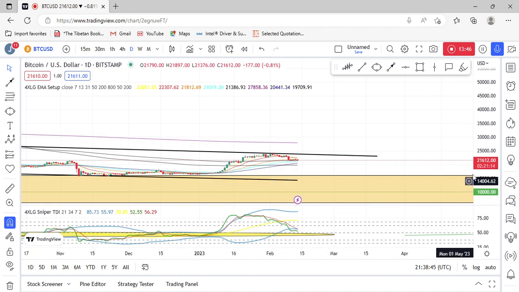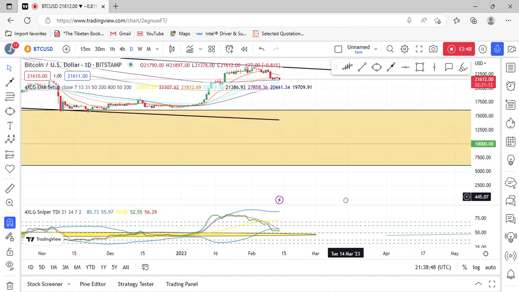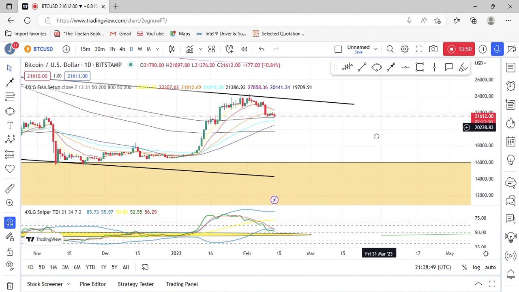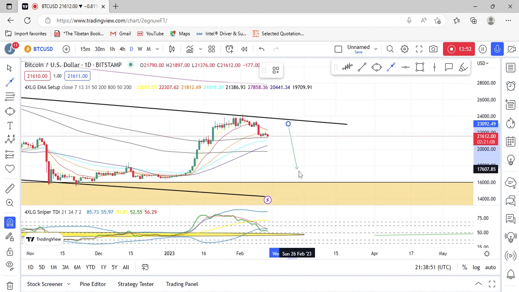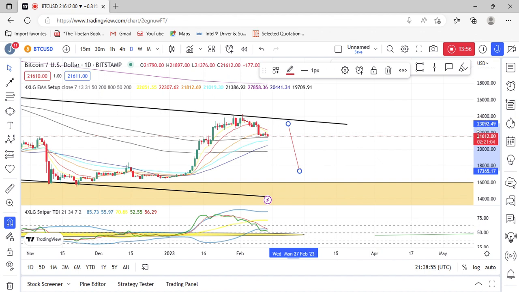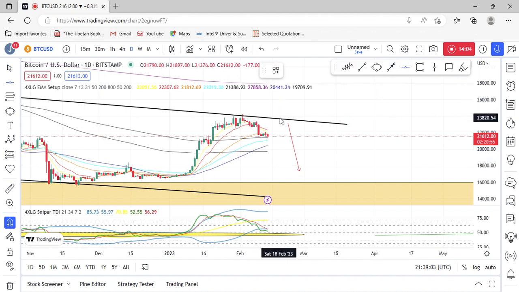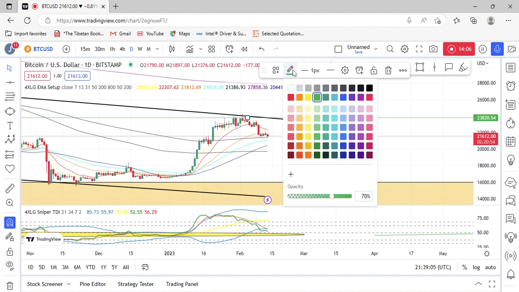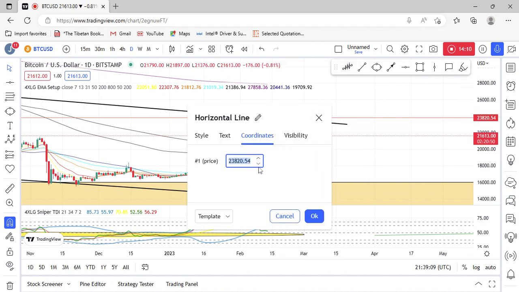So on daily, as you can see, bearish continuation in respect to this trendline structure, which is from 24,000. That was the price.